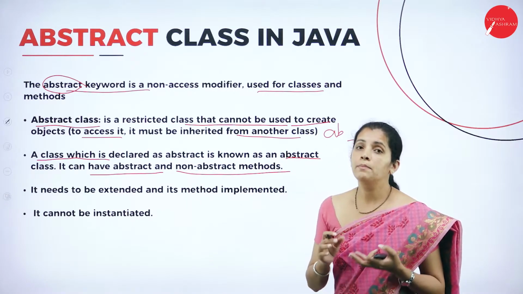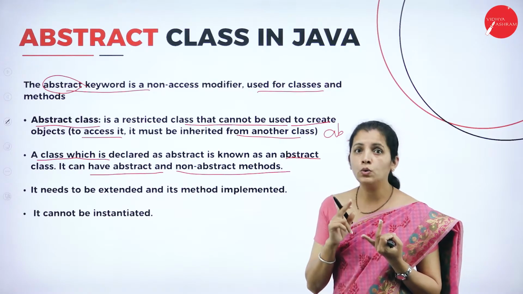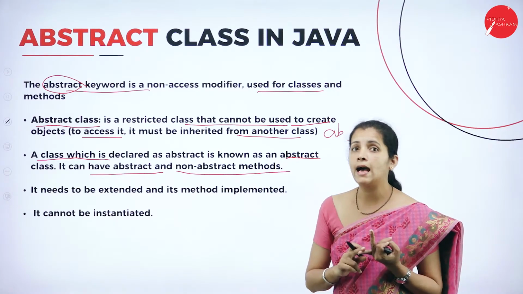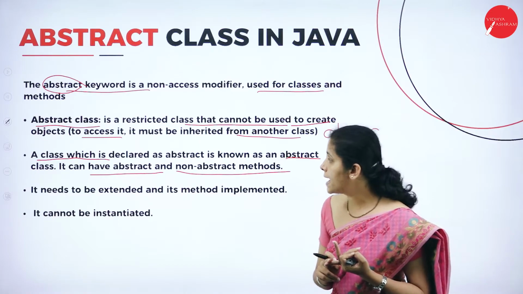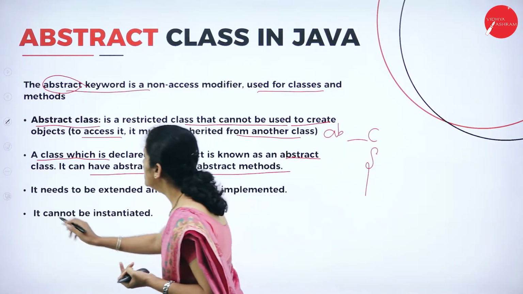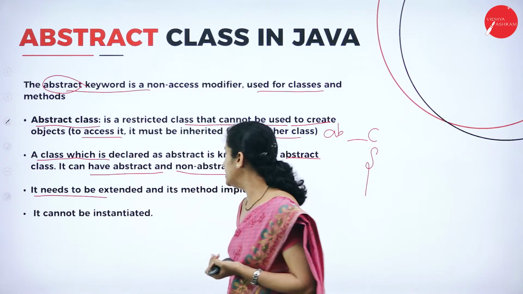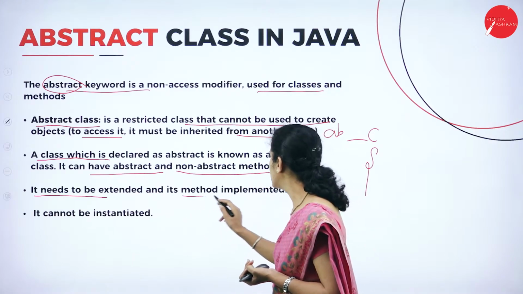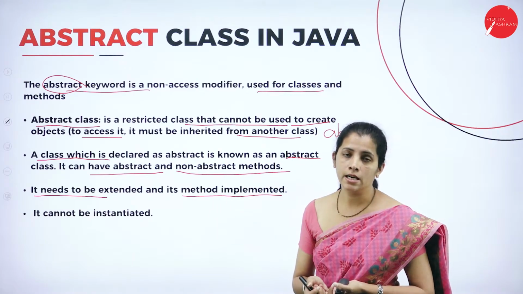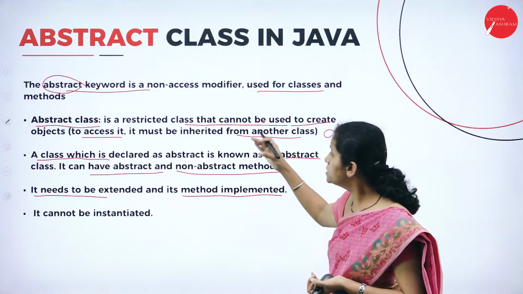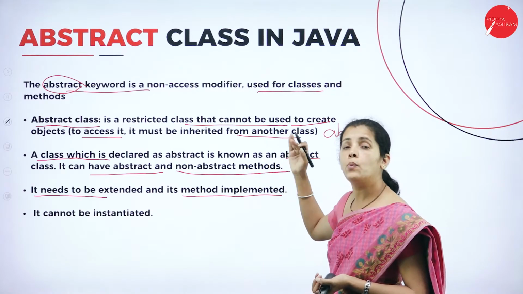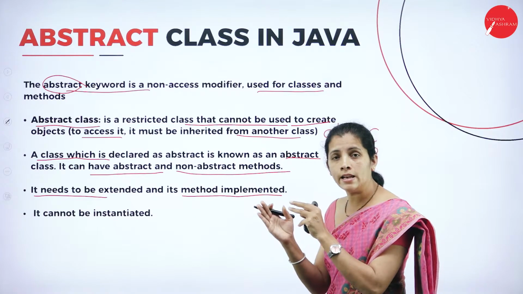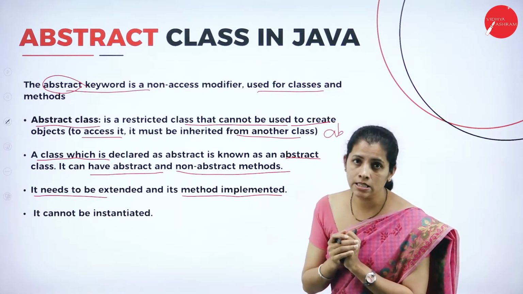That means in my abstract class, I can have abstract methods as well as non-abstract methods, and it needs to be extended and its methods implemented. That means here we are going to use the inheritance concept, and when it is inheritance, then the class must be extended.